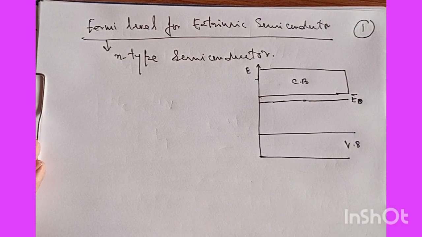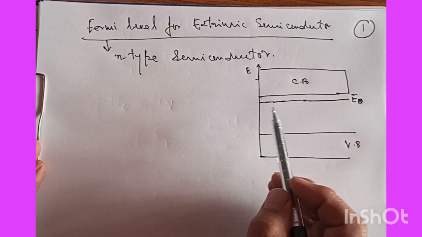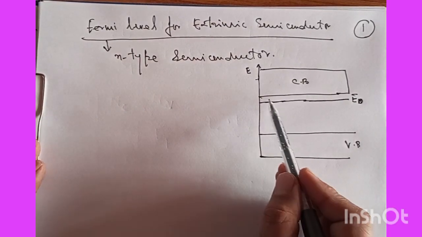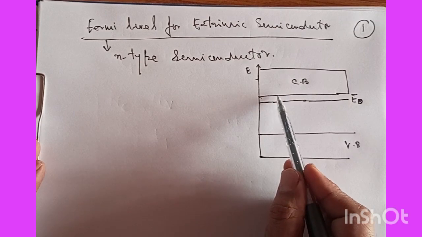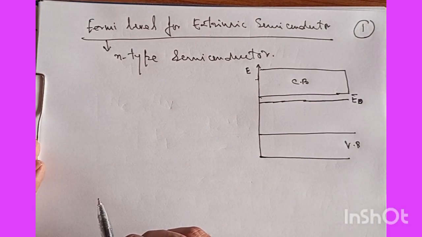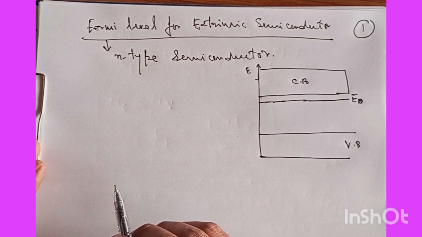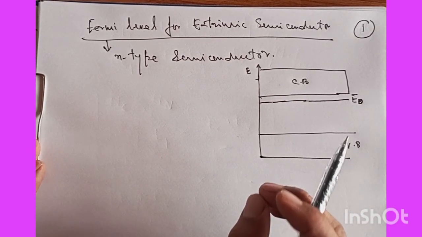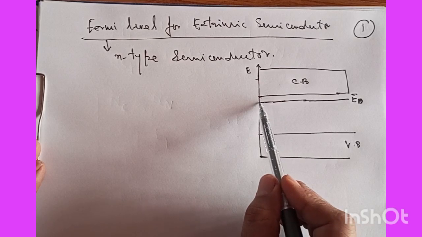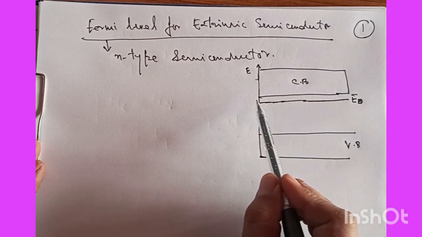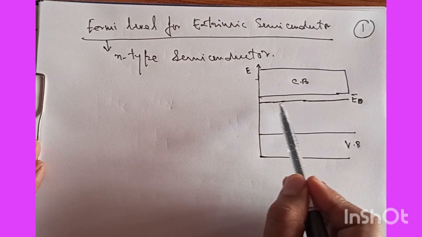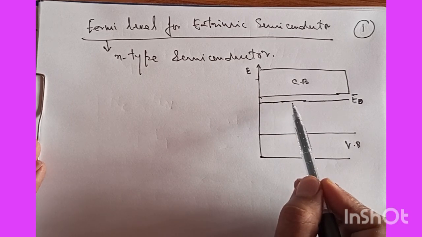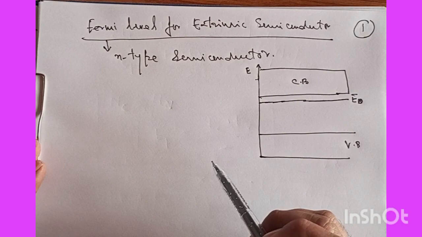Because we understand the conditions for doping, this distance between the conduction band and the donor energy level is very small. Even at room temperature, almost all the extra electrons from the donor impurity atoms will jump into the conduction band.